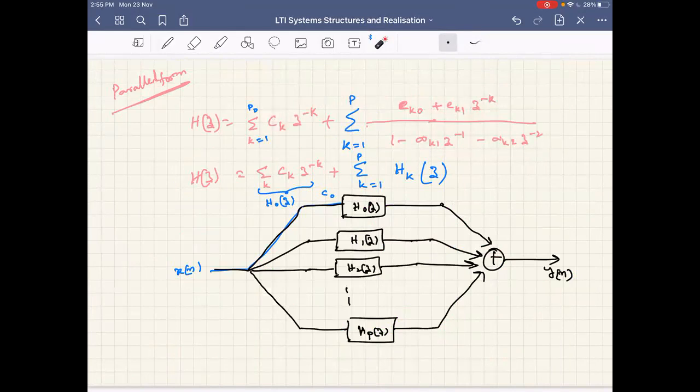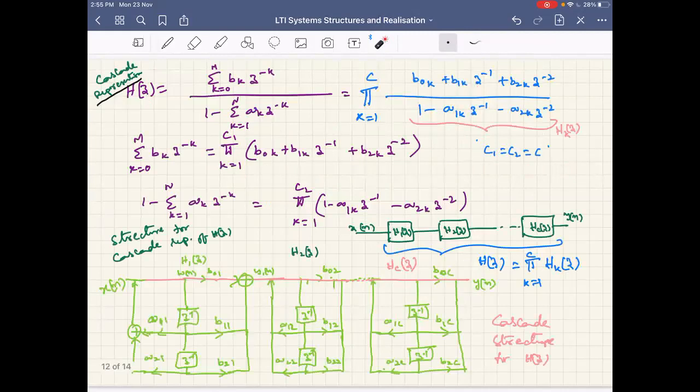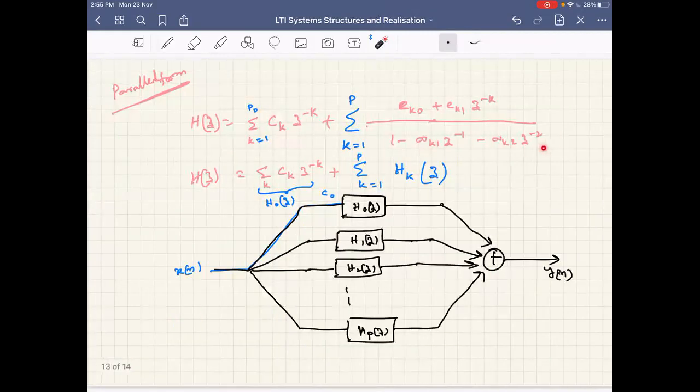Hence it will be a sum of several second order subsystems, and note that these subsystems are different from the earlier subsystems. Here the denominator term contains the poles and they are roughly the same as earlier, but the numerator terms are different. Since it is a parallel structure, all of these can be realized in parallel and then added at once to get y of n.